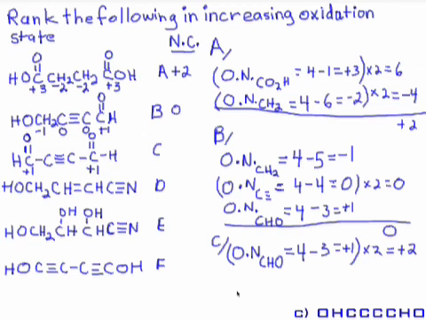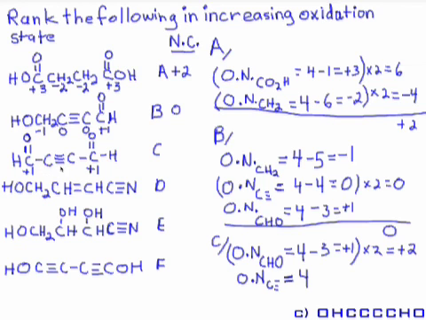Now, what about the C triple bond C? Oxidation number for our C triple bonded carbon equals 4, and the carbon is bound to 4 carbons, if you count the triple bond as individual bonds. 1, 2, 3, 4.